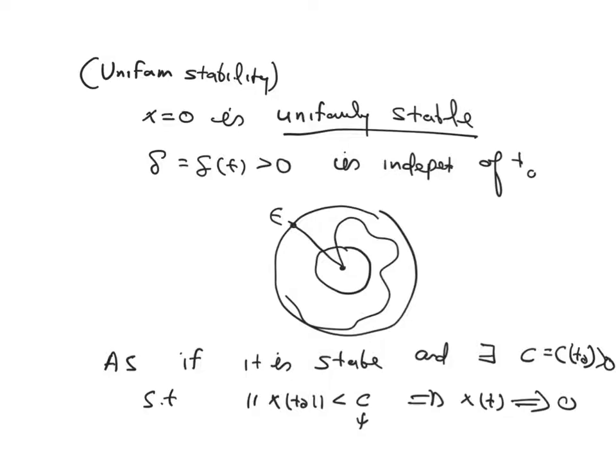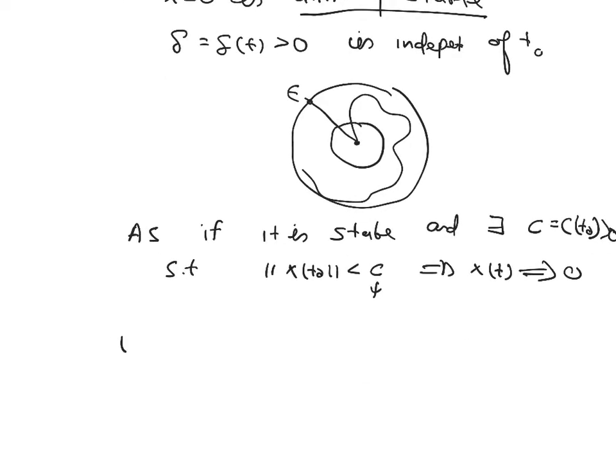Right, and then uniformly asymptotically stable. So one is UAS, right? Uniformly. The basic idea is all the definitions independent of t0 means uniform. That's all.